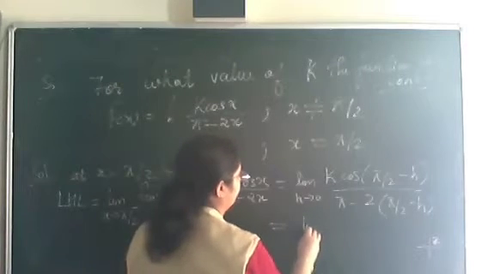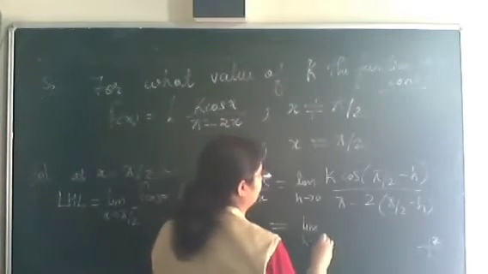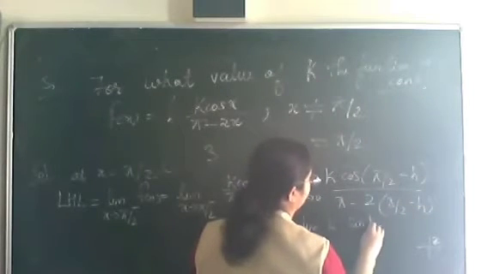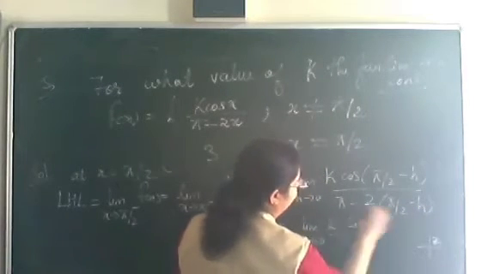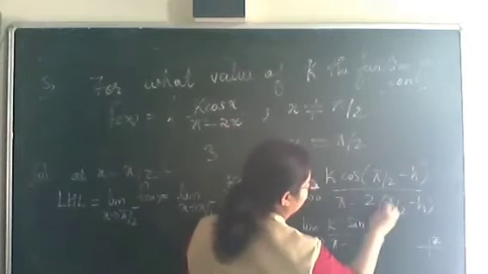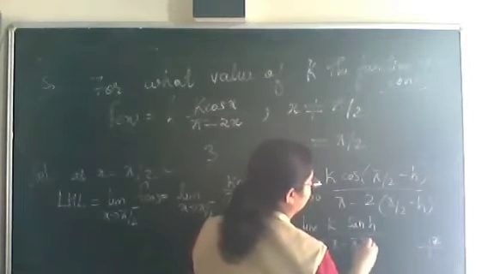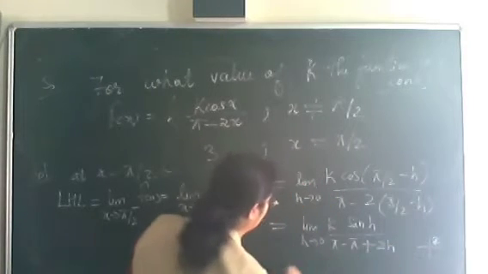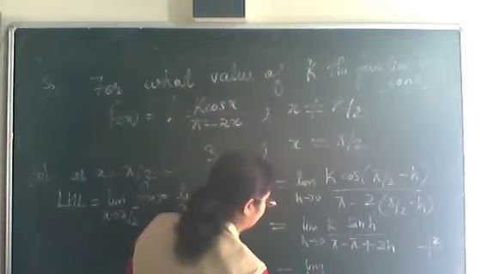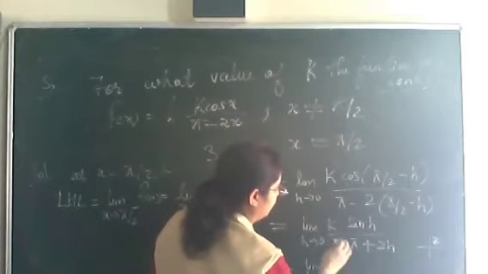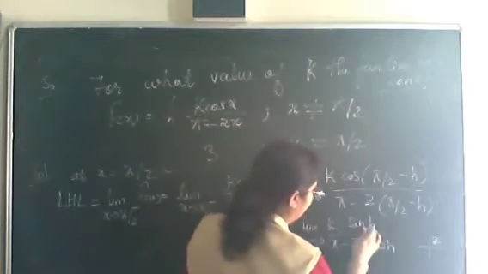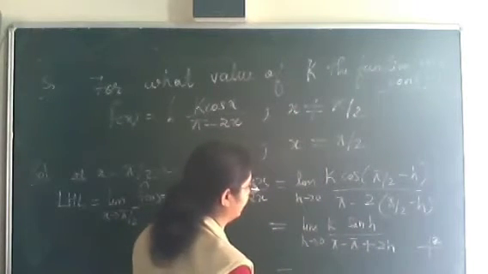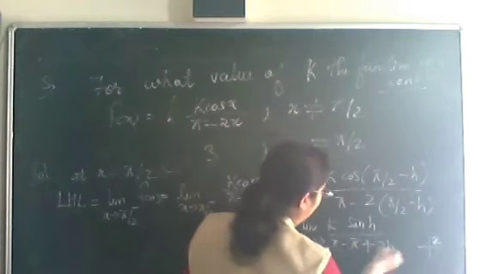So it will be limit h tending to 0 of k sin h upon, now you open this bracket also, pi minus 2 times pi by 2 will be pi minus pi plus 2h. Now if you put the value h tending to 0, directly we can put the value now. Pi minus pi will be 0, upon 2h.